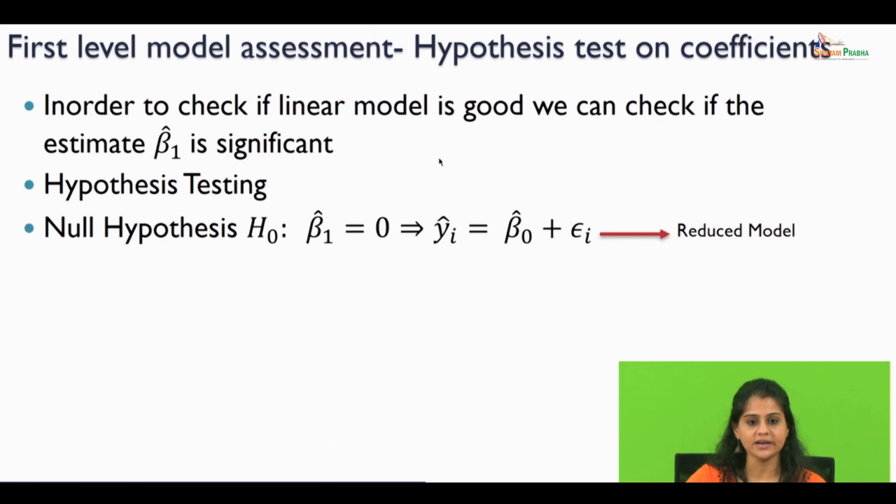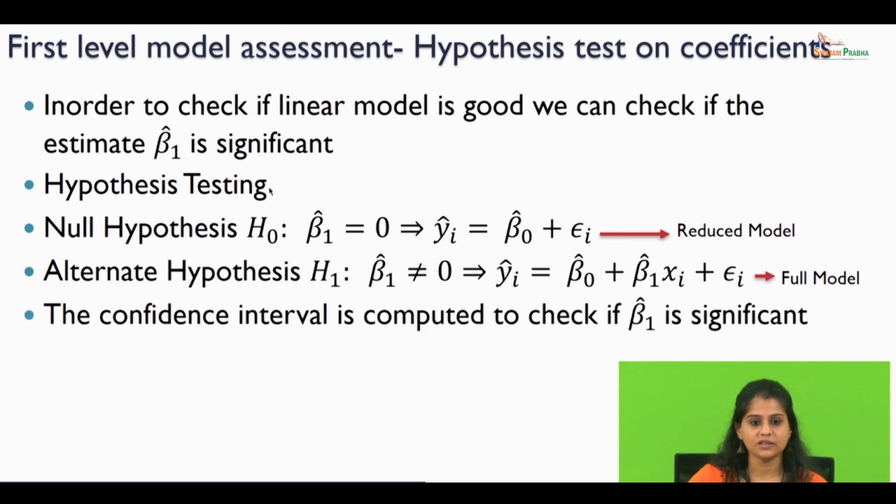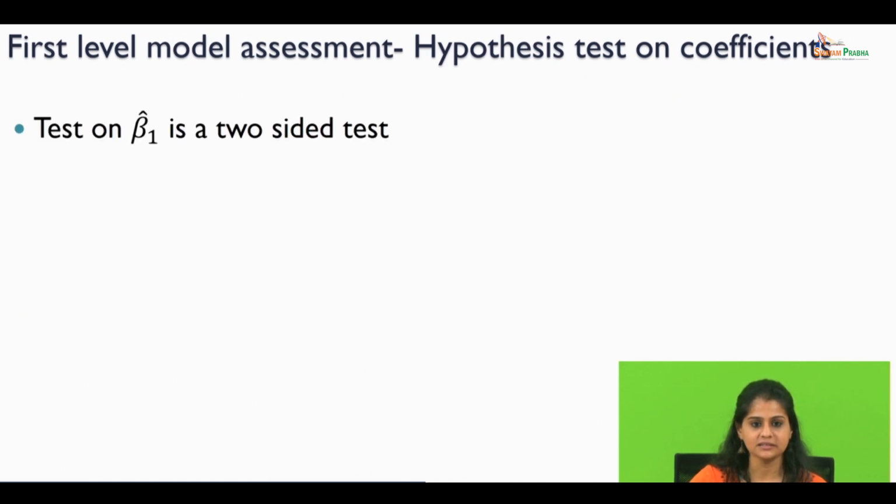So what will the alternate hypothesis be in this case? My alternate hypothesis is that beta 1 hat is not equal to 0 and my yi hat, which is the predicted value, is equal to beta naught hat plus beta 1 hat xi plus epsilon i. Now this becomes my full model. The confidence interval is computed to check if the slope is significant.